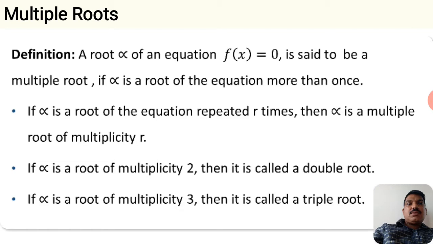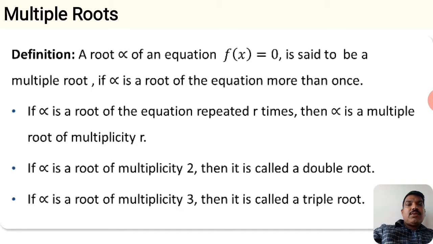Multiple roots. Definition: a root alpha of an equation f of x equal to 0 is said to be a multiple root if alpha is a root of the equation more than once. That means when you solve an equation, it has a root more than one time.